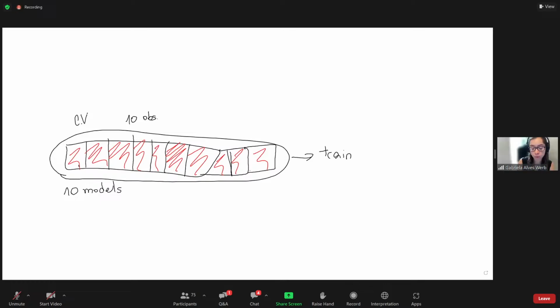Sure, that's a very good point. So this is part of the data set that you originally set aside for training. This shouldn't be the entirety of the data that you have available, because if you put everything in here, then in the end you have nothing, for example, to test the model.